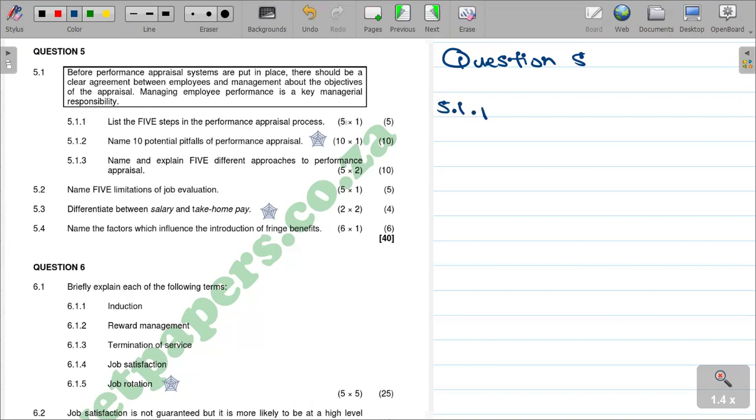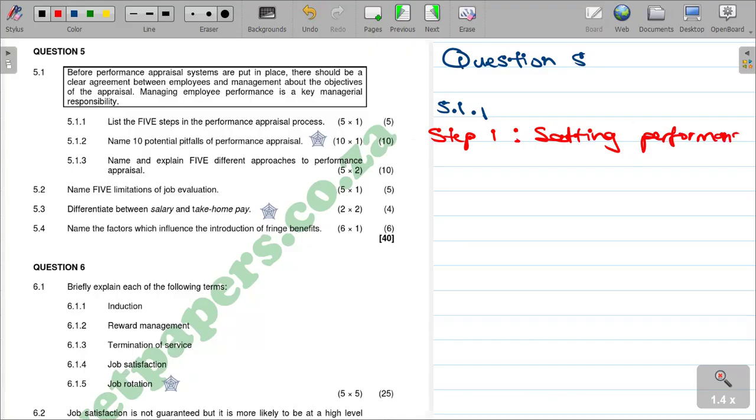List the 5 steps in the performance appraisal process. So I'm going to list the steps in the performance appraisal process. The first step is setting performance objectives.